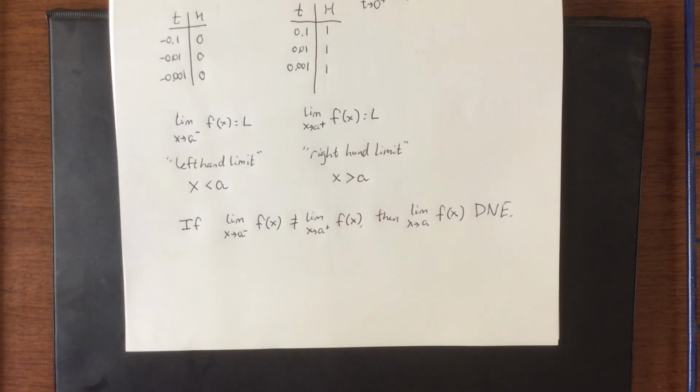If the left-hand limit and the right-hand limit approach two different values, then the two-sided limit does not exist. Typically, you'll only see this behavior in piecewise defined functions, but there are some exceptions.